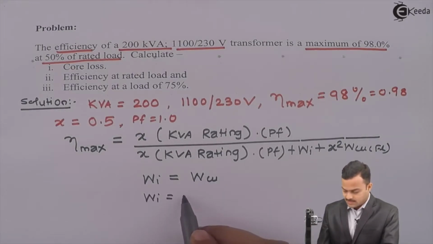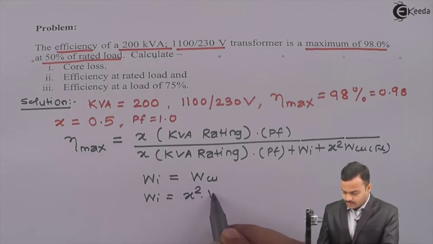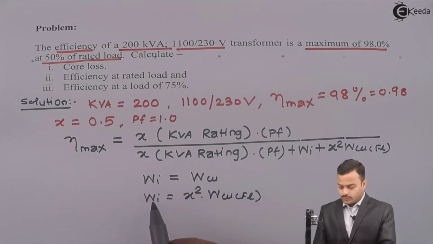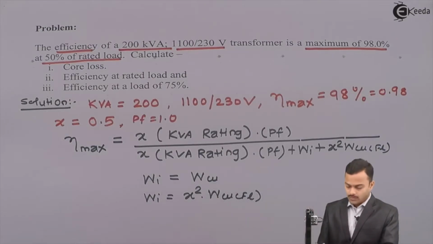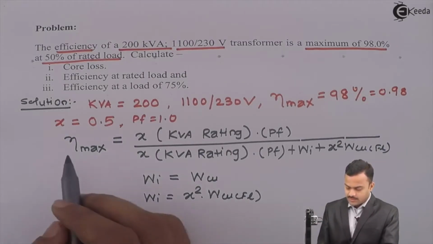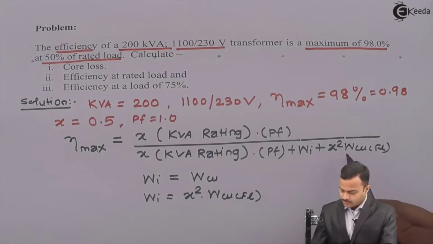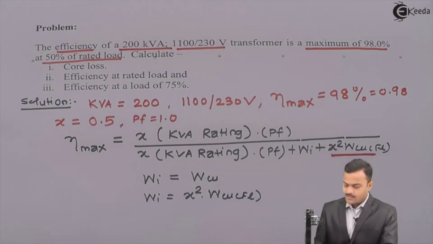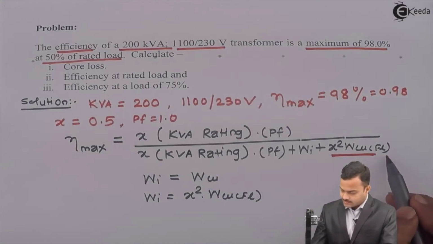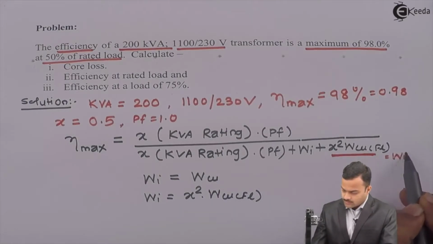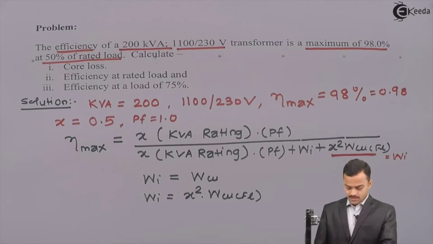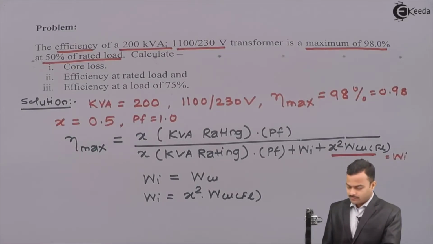Iron loss is nothing but X square WCU FL. How am I going to use this relationship over here? Let's substitute the values also. Instead of this X square WCU FL, I am going to write Wi, because efficiency is maximum. The condition is Wi equal to X square WCU FL.